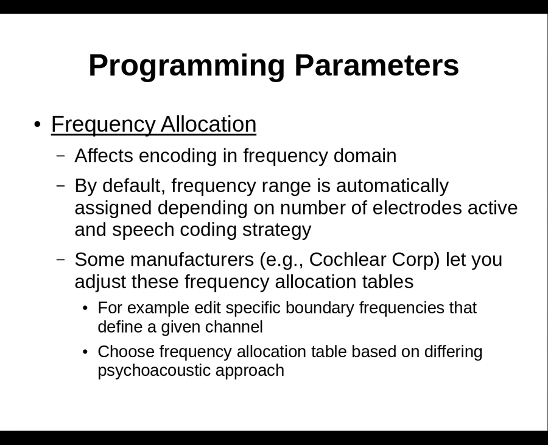But the exact relationship between the two is going to vary per individual, and it's good that we have some flexibility to control that. So when you change from one entirely different frequency allocation table to another, that may be based on differing psychoacoustically derived approaches. There may be different theoretical reasons to choose one versus the other.